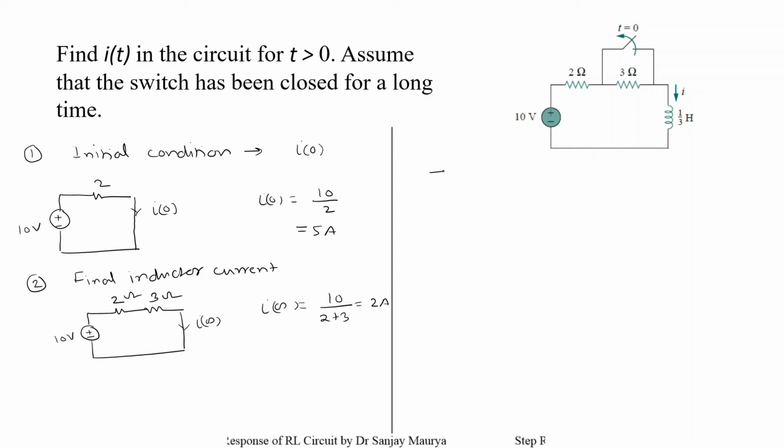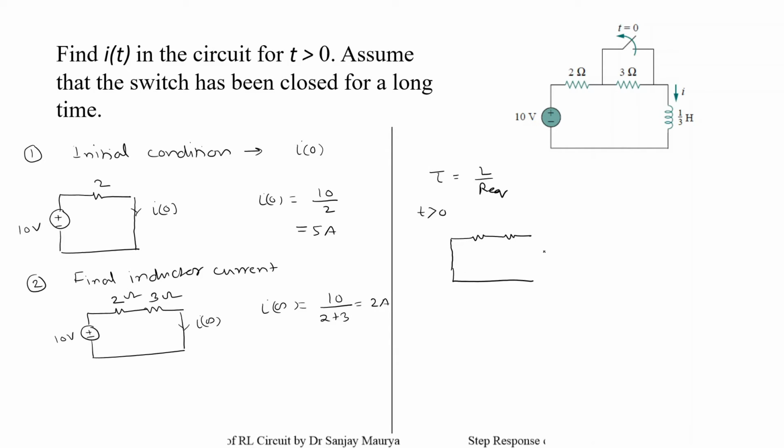Now the next one is that we need to find the value of the time constant, which is L by R equivalent. Since for t greater than 0, the circuit will have the 2 ohm and 3 ohm resistances in the picture, and we are going to replace the independent source by its internal resistance, that is, short circuited, and I have drawn this one.